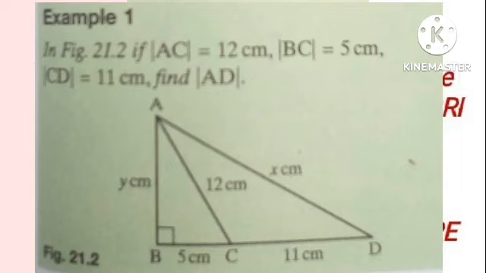Triangle ABC has the side AB as Y, side BC as 5 centimeters, side AC as 12 centimeters. Then it also has side CD as 11, which were given to us in the question. Then the unknown sides are represented as side AB and side AD, which are Y and X respectively.